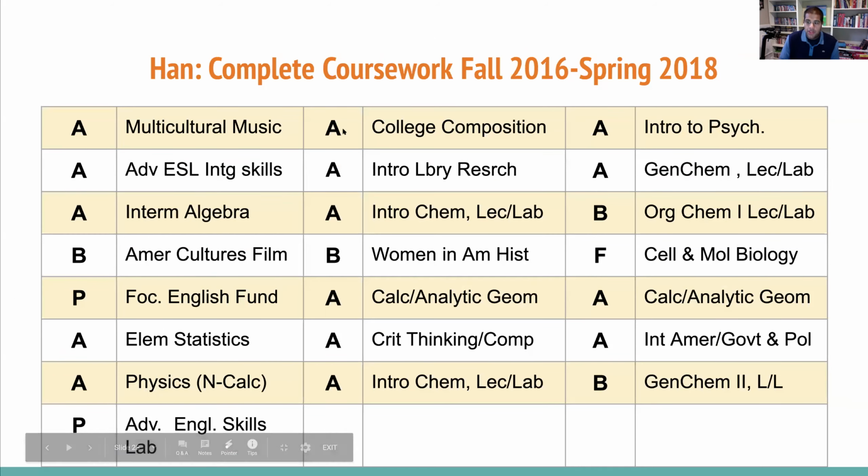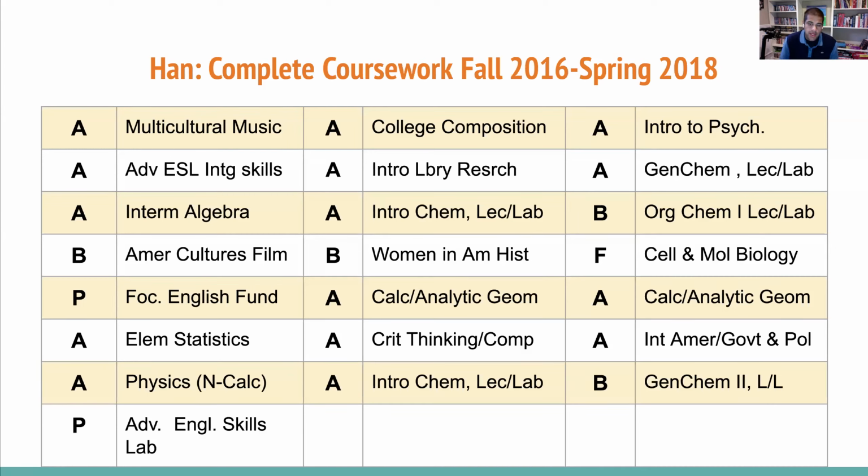So when we look at her coursework, right, again, to the point that Melissa was making earlier with looking at Helena's work, as the semesters go on, she's taking the integrated ESL class, she's taking courses like American culture and film, women in American history, right? Looking at some of these classes, these are very writing heavy classes.